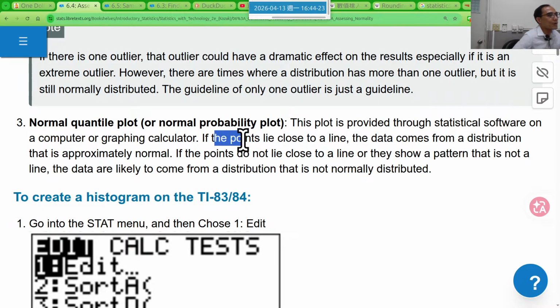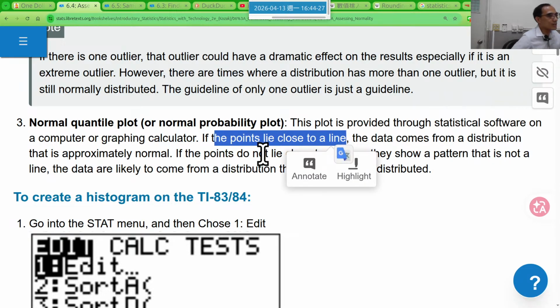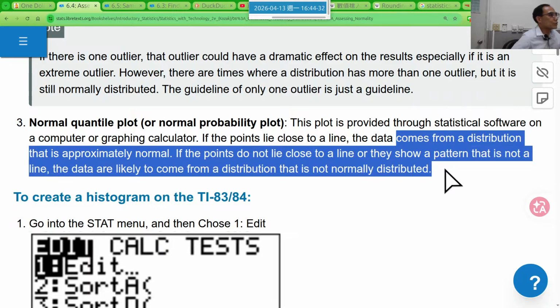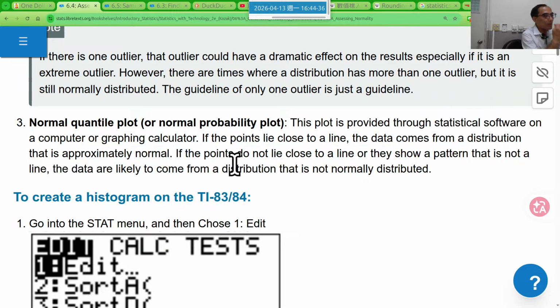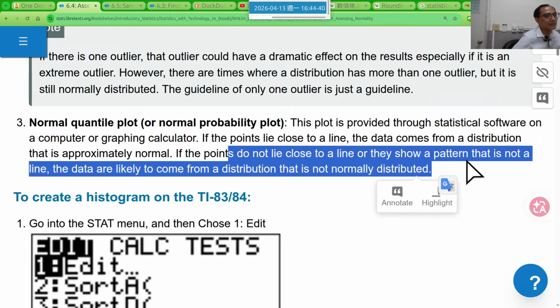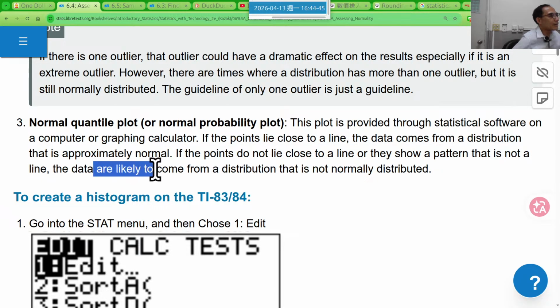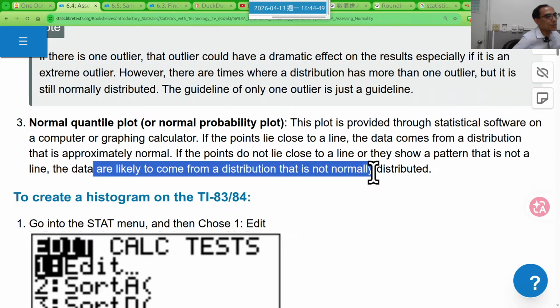If the points lie close to a line, the data come from a distribution that is approximately normal. If the points do not lie close to a line and show a pattern that is not a line, the data likely come from a distribution that is not normally distributed.